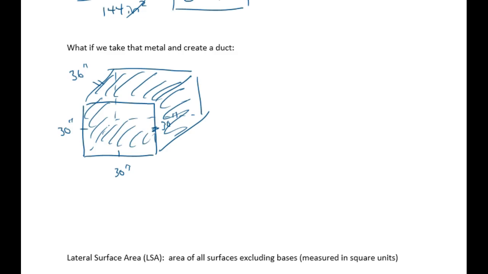So that hasn't actually changed. No matter whether we have it as a two-dimensional shape or a three-dimensional shape, our area is still equivalent to 4,320 inches squared, or 30 feet squared. We can be looking at that regardless of whether it's a two-dimensional or three-dimensional shape.